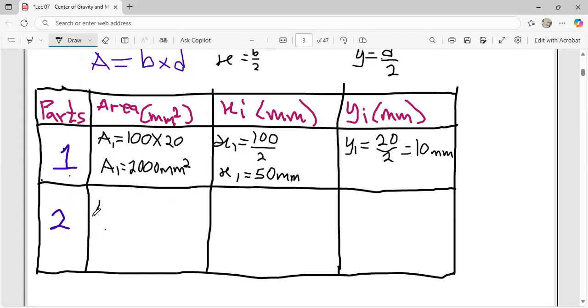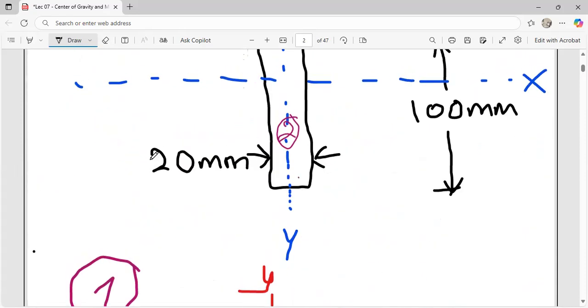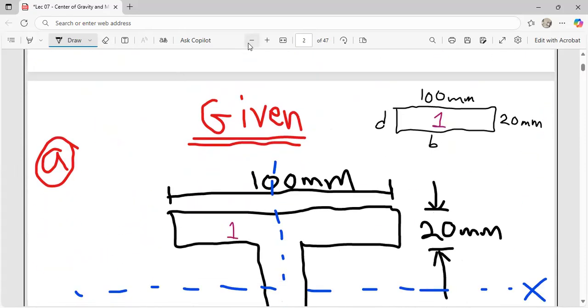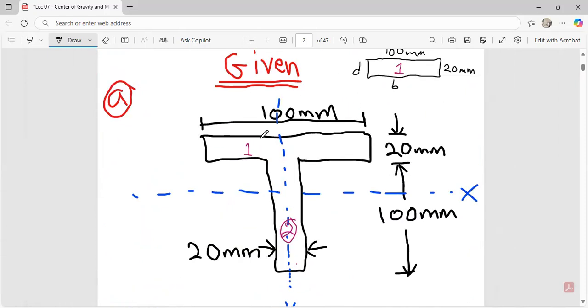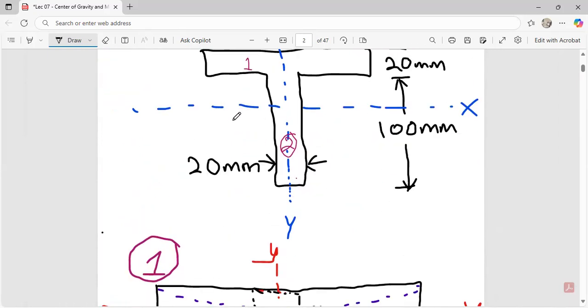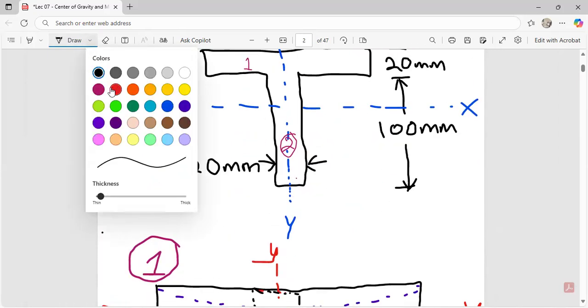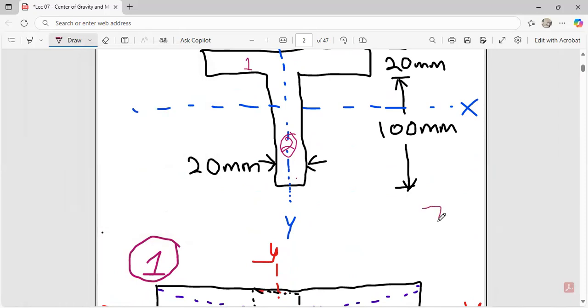Our area, just the same formula we have been using. Our area 2 is going to be what? Breadth times depth. For the part 2, its shape is looking like something like this.